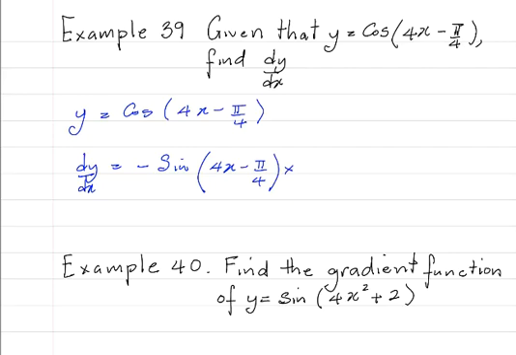If you differentiate 4x, you get 4. And if you differentiate minus pi by 4, which is a constant, you're going to get 0. So dy by dx would be equal to minus 4 sine 4x minus pi by 4.